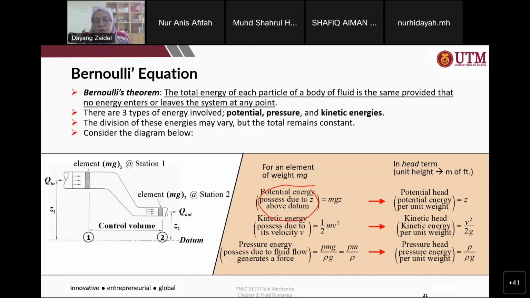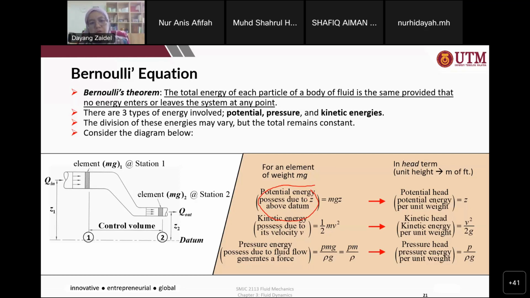If you have two points to be compared, for the Bernoulli equation, we need to consider the height difference between the two points. If one point is higher than the other, then we have to take the difference of the two points. It must be in relation to what point. Either you make the lower one the datum. You must have a datum.